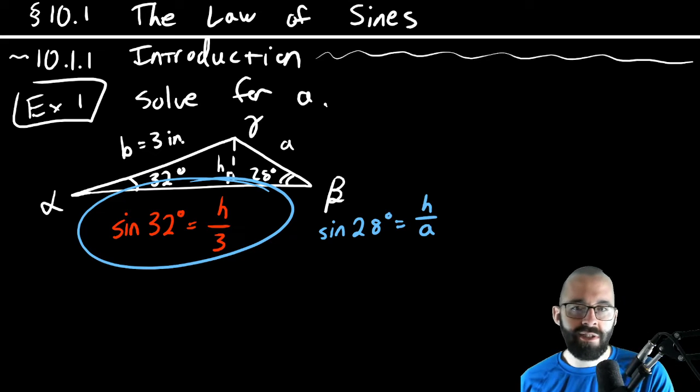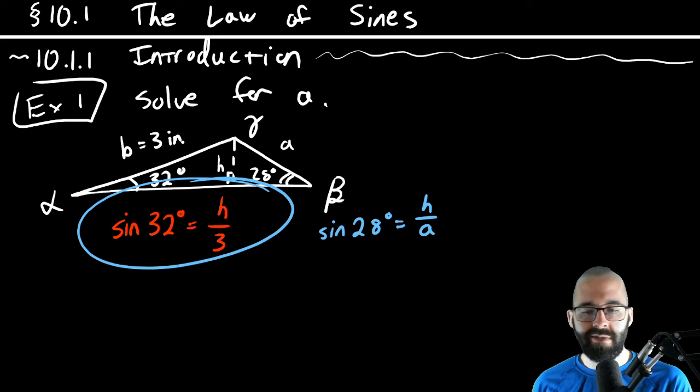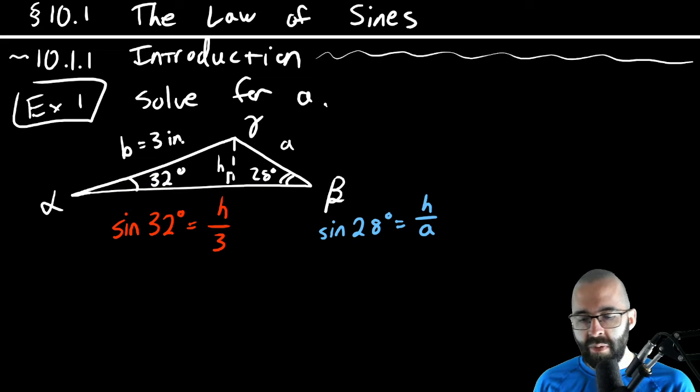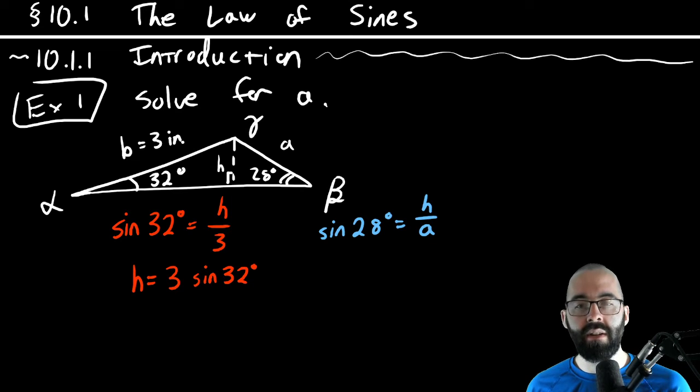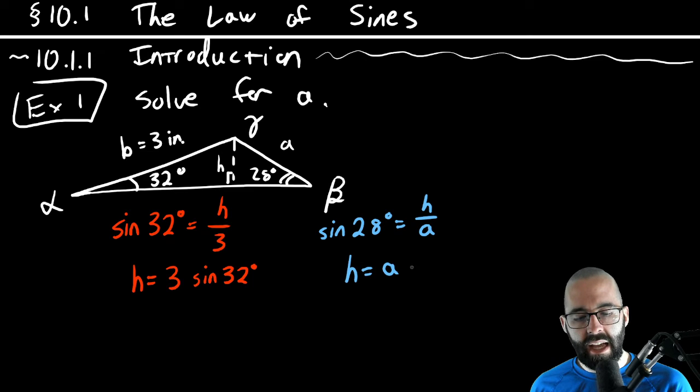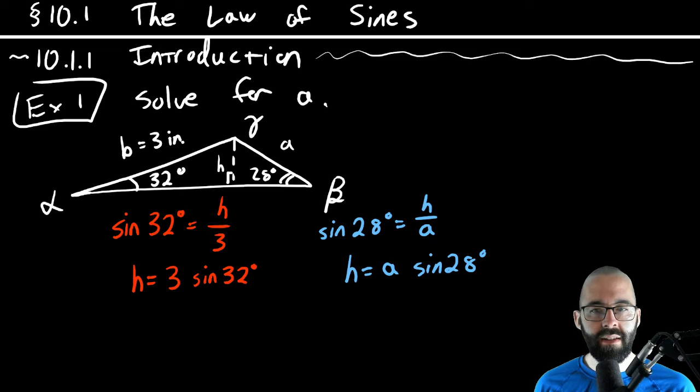How do we find what H is? The red triangle. Okay. So if we move things around, multiply by 3, we get H is equal to 3 times the sine of 32 degrees. We also get that H is equal to A times the sine of 28 degrees.